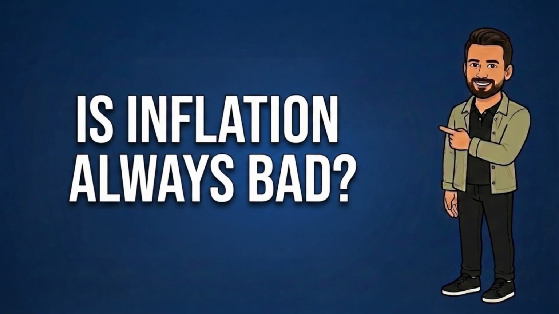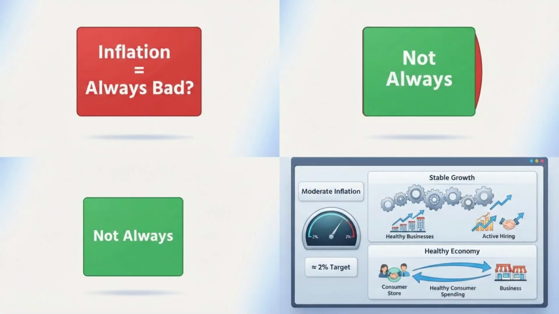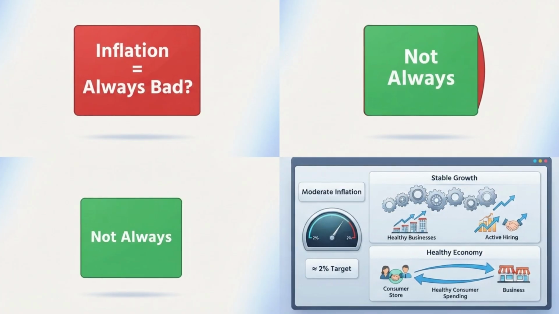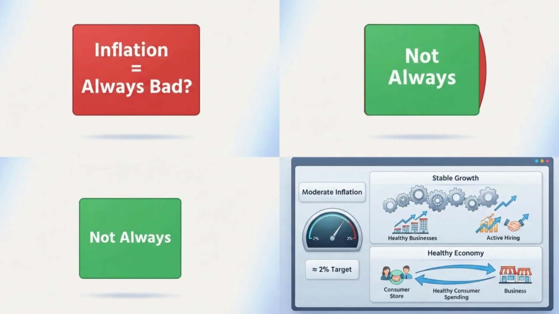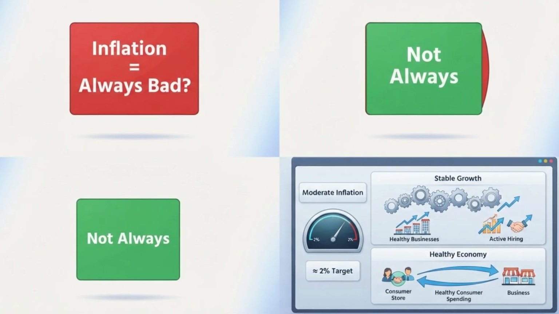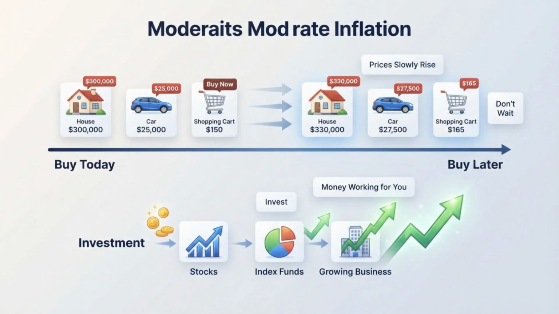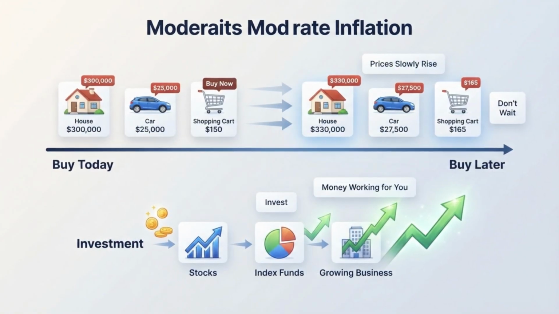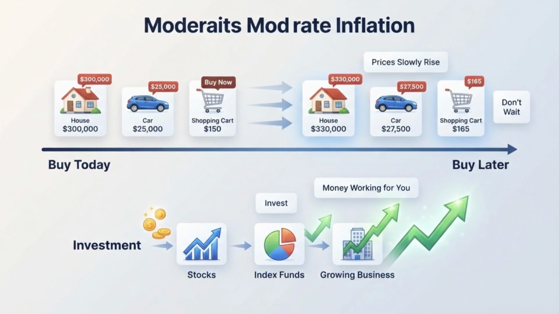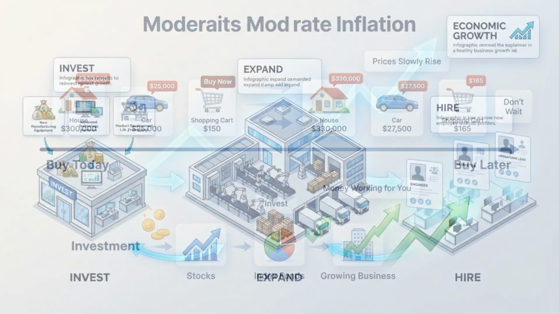Is inflation always bad? Here's the part that surprises most people. No. Moderate inflation, most central banks target around 2% annually, is actually considered healthy. It encourages spending and investment. If prices are slowly rising, people have an incentive to buy now rather than wait.